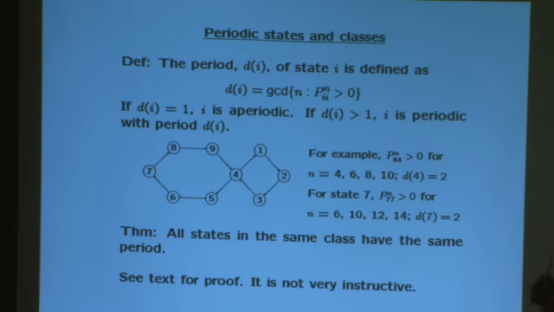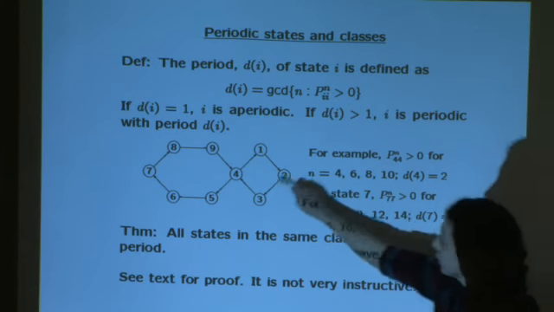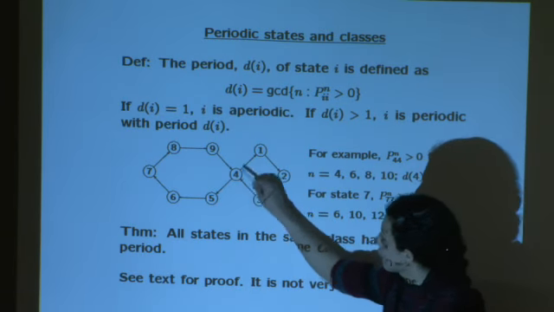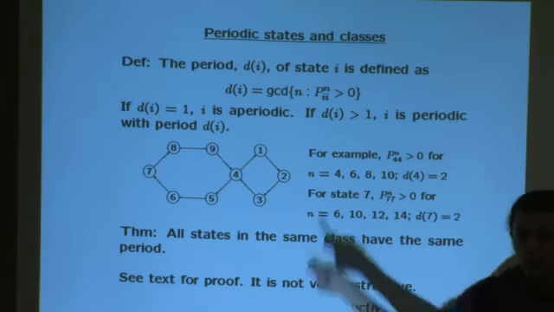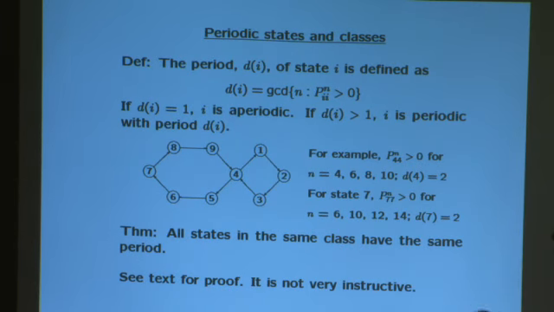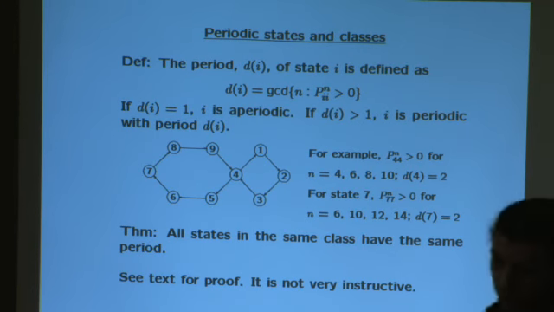So this corresponds to n equal to 6. And 4, 1, 2, 3, 4, 1, 2, 3, 4 is another walk, which corresponds to n equal to 8. So you can go like this, or this, or this. So these are different n's. But we see that the greatest common divisor is 2. So the period of state 4 is 2.